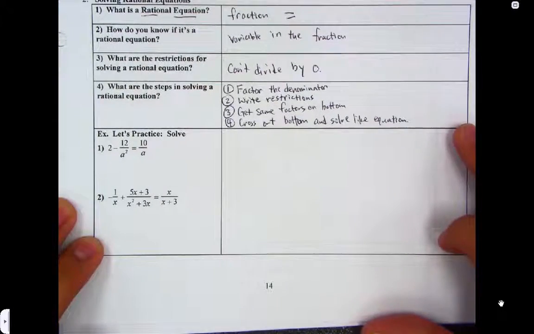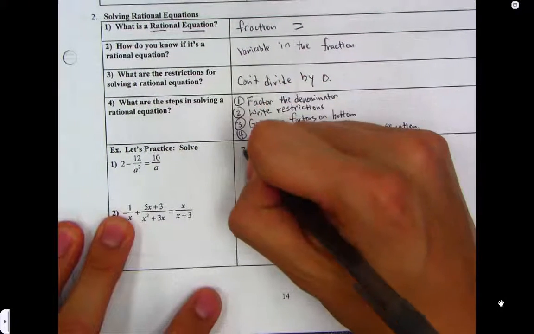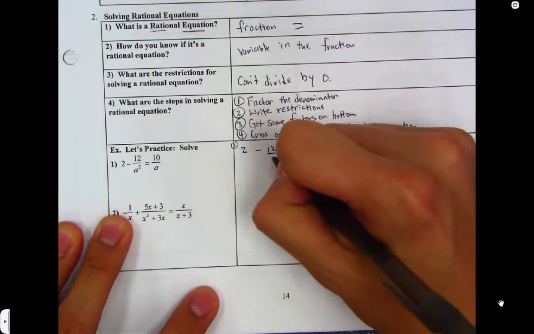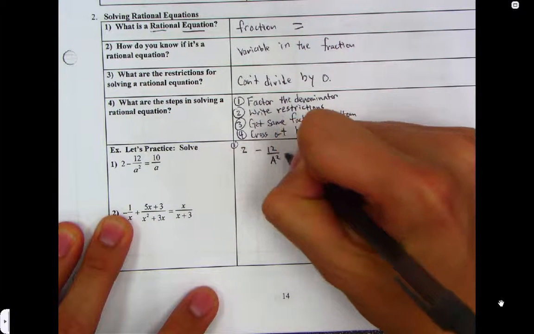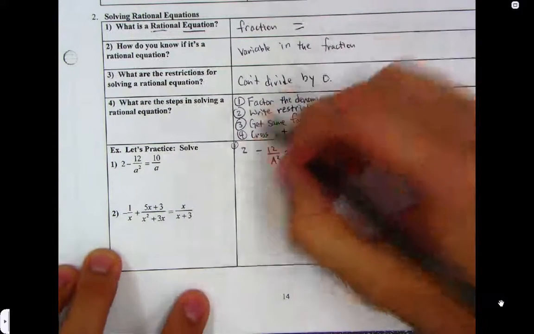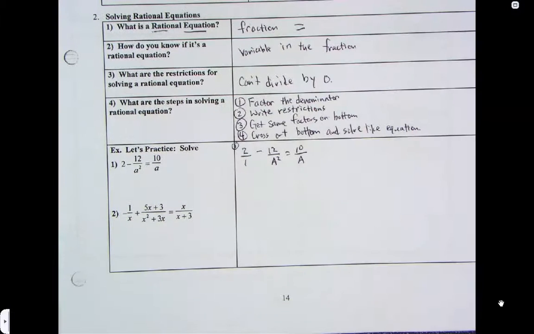So example 1, we got 2 minus 12 over a squared equals 10 over a. Now this denominator is a 1, so I'm just going to put over 1. So my first step is to factor the denominator.